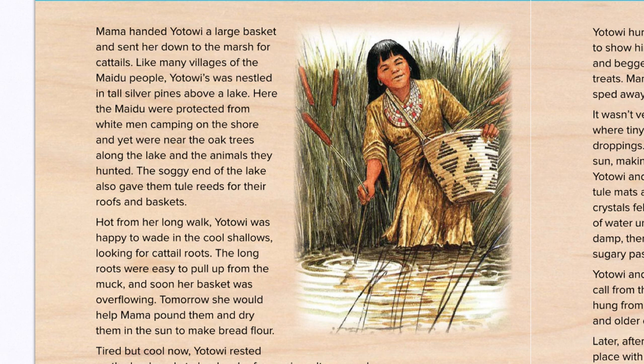Like many villages of the Madu people, Yotowi's was nestled in tall silver pines above a lake. Here, the Madu were protected from the white men camping on the shores, and yet were near the oak trees along the lake and the animals they hunted. The soggy end of the lake also gave them tule reeds for their roofs and baskets.